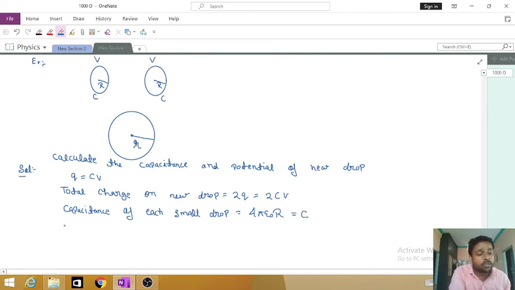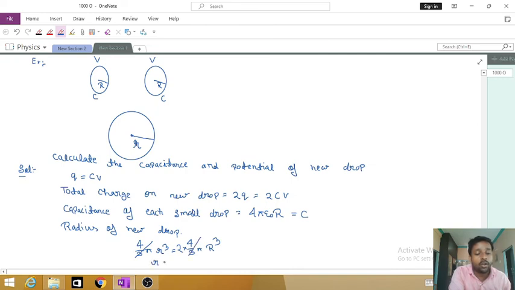Now we want to get the radius of the new drop. Simple math we will apply. The volume of the new drop, with new radius small r, is 4 upon 3 pi r cube, equal to 4 upon 3 pi into capital R cube, and two drops are there, so 4 upon 3 pi will get cancelled.